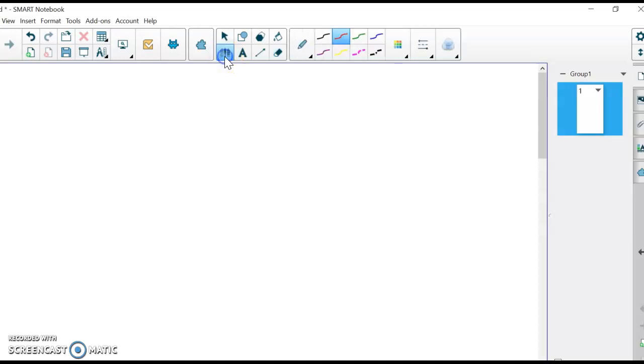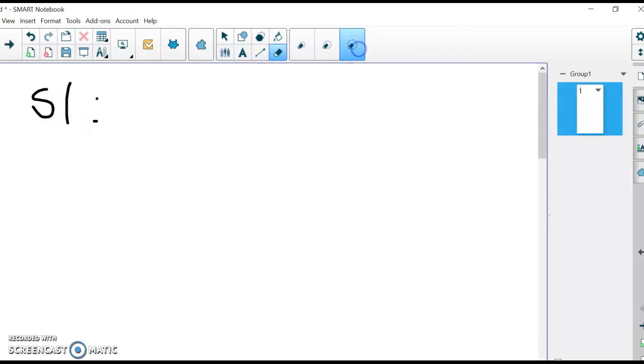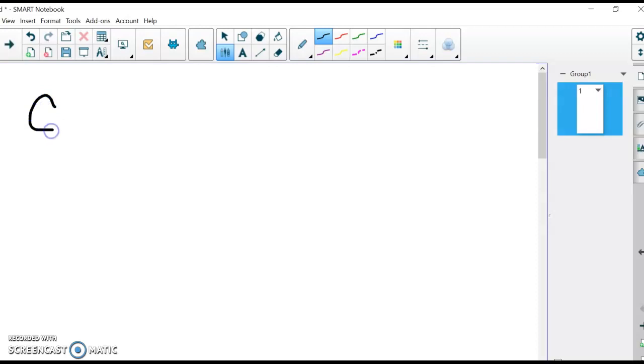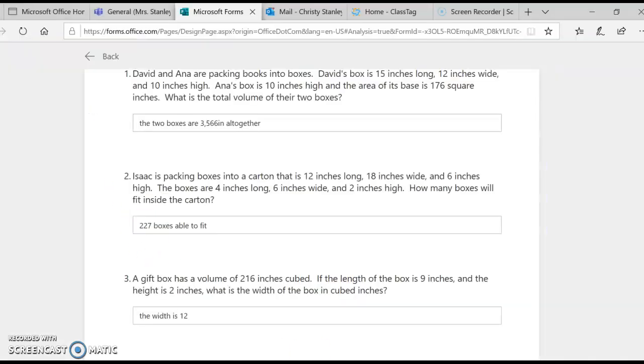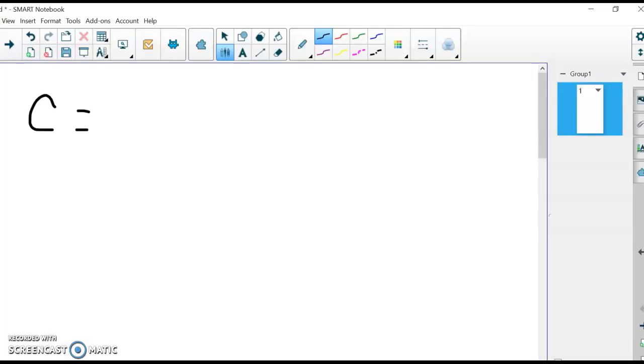So for shape 1, or actually let's write carton for that one, carton is, and I've already forgotten what those dimensions were, 12 by 18 by 6. 12 times 18 times 6.